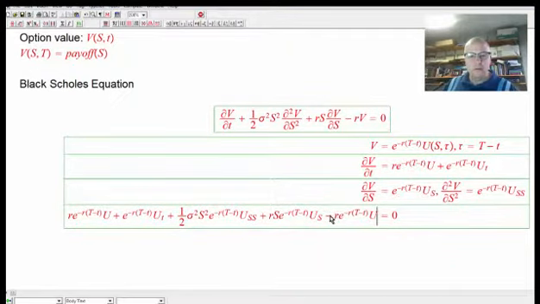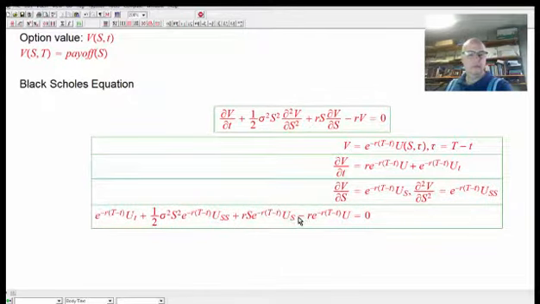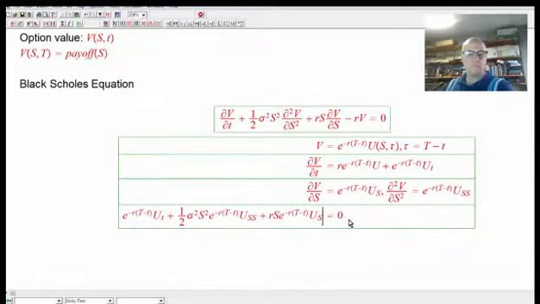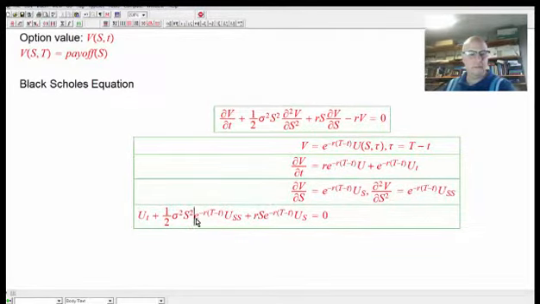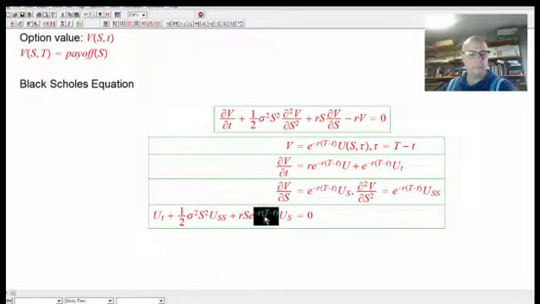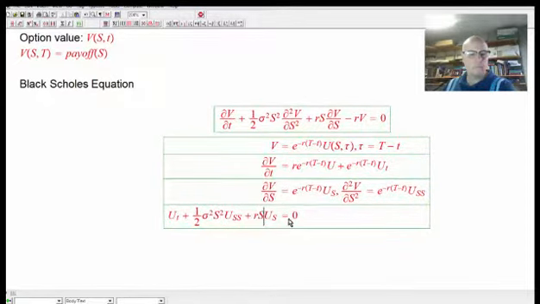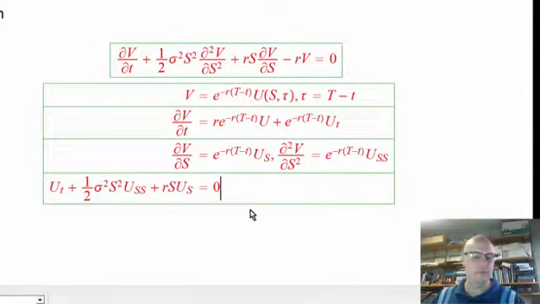What happens here is this piece and this piece cancel out, so let's get rid of them. Nice. Also, now every piece has an e to the rt stuck to it, equals 0, so let's factor it out and cancel it out of each piece. Already our equation is simpler. If I could solve this equation for u, once I know what u is, then I can pop it in here and get what V is.